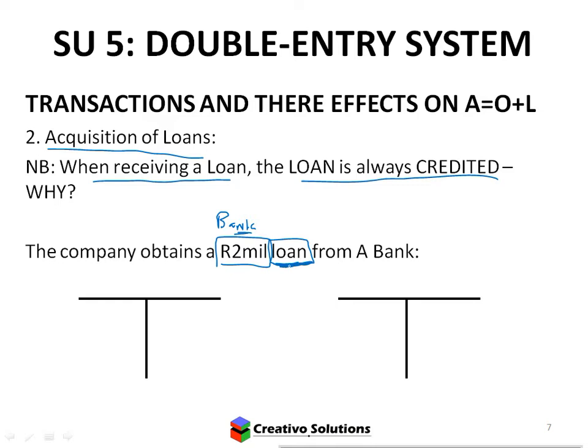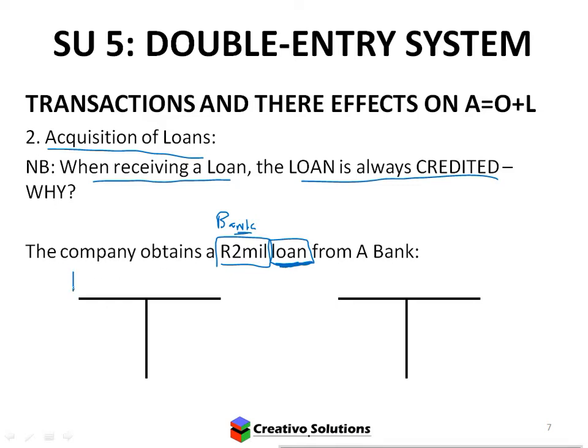If I'm obtaining a loan and I'm going to be receiving cash from the bank, is my bank going to go up or down? Correct. So you know that you're getting 2 million, physical cash. 2 million is going to be transferred from the bank into your account as a loan. Obviously, you're going to have to pay it back in the future. That's another transaction. Right now, as it stands, I received 2 million from the loan account.